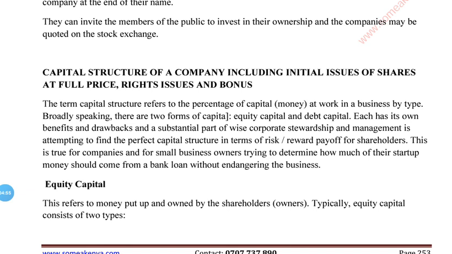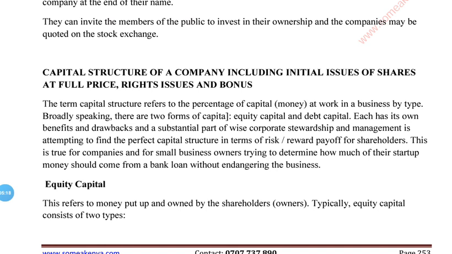We may have ordinary share capital, share premium, retained earnings. We also have other things like reserves. Those are the things that we have on the financed by section, the equity side.